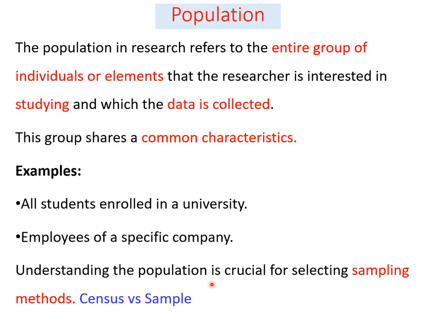To choose a suitable sampling method, we have to understand the nature of the population. It also helps us decide whether to use a census, that means considering the entire group of individuals or elements for our examination, or to take some portion of the population for our analysis.